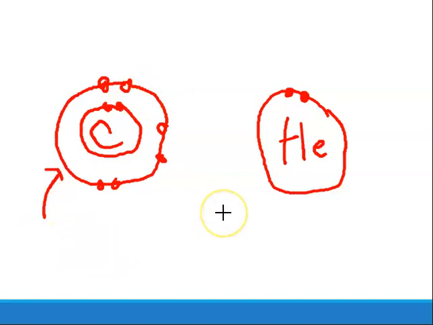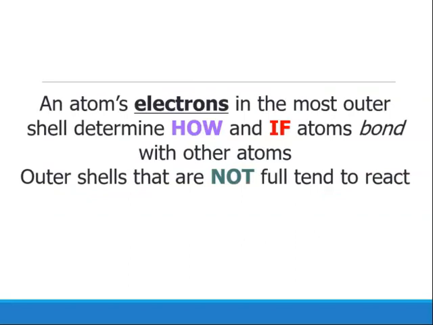So carbon is more likely to form bonds with other atoms. So again, an atom's electrons in the most outer shell determine how and if atoms will bond with other atoms. And then again, outer shells that are not full tend to react.